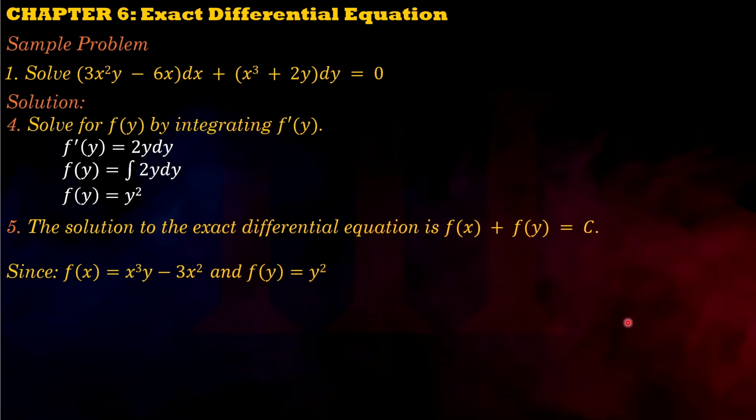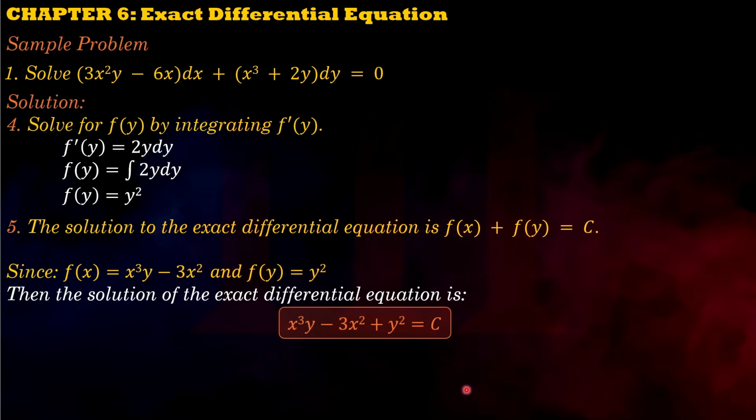If you recall, our f of x is x cubed y minus 3x squared, and our f of y is what we have solved earlier. So we have to add those. We will come up with x cubed y minus 3x squared plus y squared is equal to c. So this is the general solution for this exact differential equation.